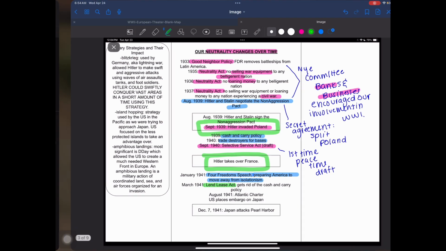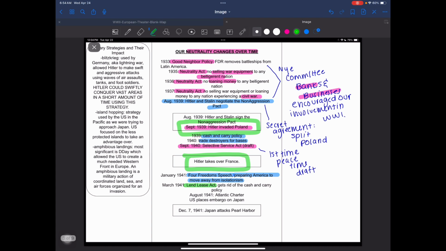And to go on to talk about this, at this time, there's an important event that you need to know that Hitler does that shocked nobody. Hitler breaks that non-aggression pact and invades the Soviet Union.